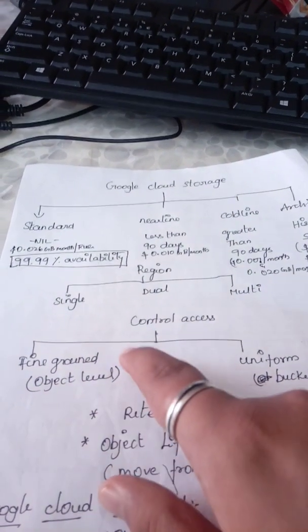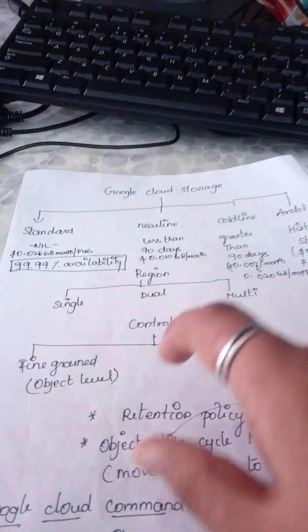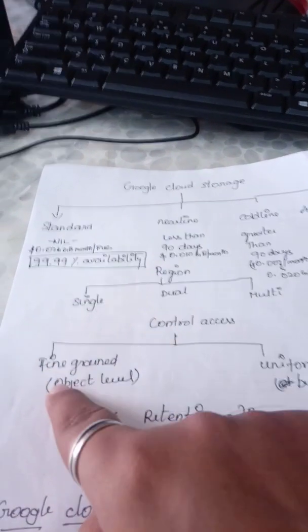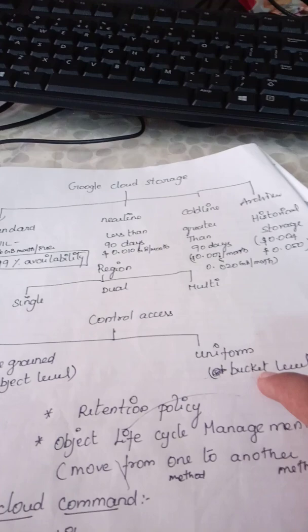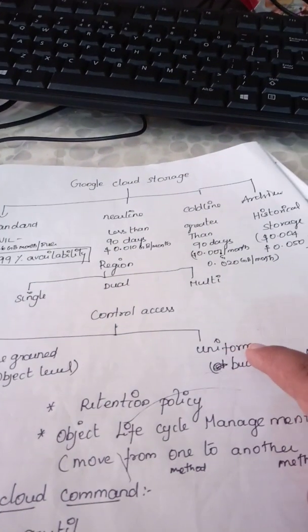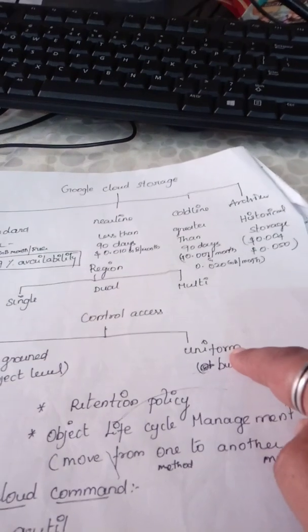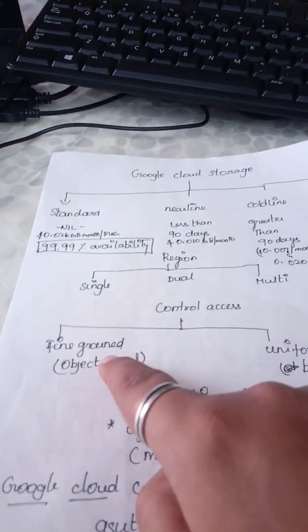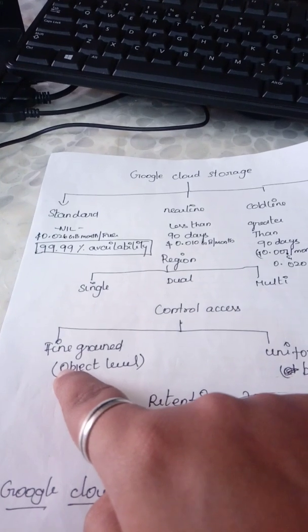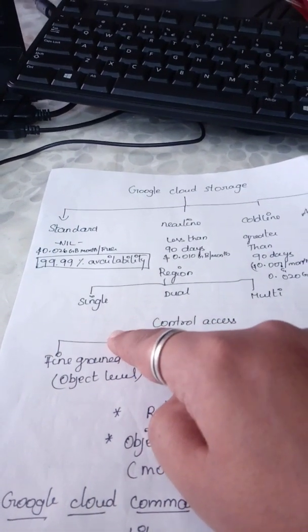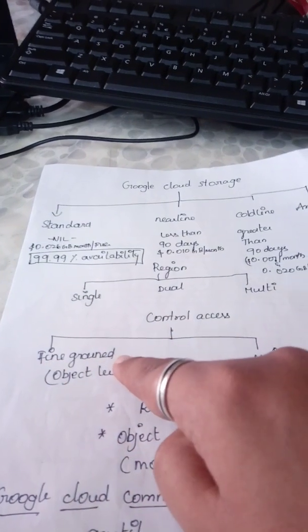For example, each and every object inside Google Cloud Storage can be restricted with its own level of access. Uniform means access will be given at the bucket level, so whatever access you have given for the bucket will be applicable for all the objects in that bucket. But that doesn't mean the access level you give for objects will not be applicable with respect to fine-grained.